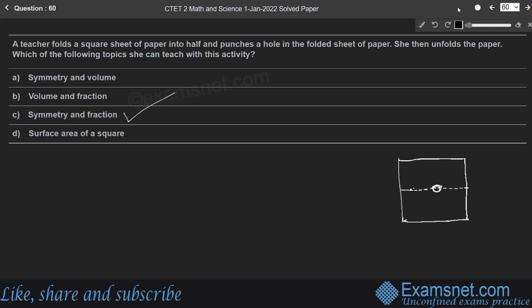Right? So here symmetry means that one shape is identical to the other shape when it is moved, rotated or flipped. Here the first part is identical to the second part. The first rectangle is identical to the second part. Right? The concept of symmetry is commonly found in geometry.